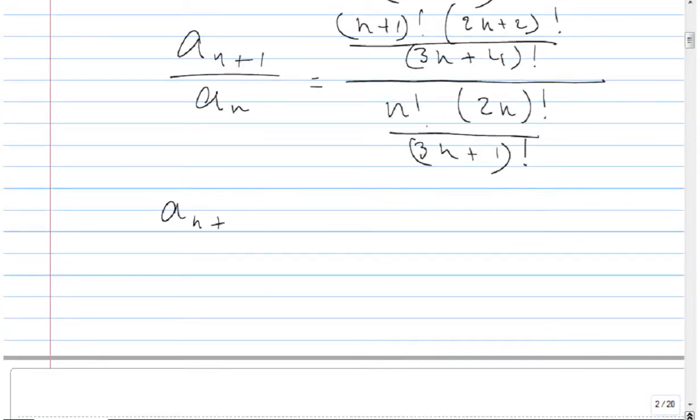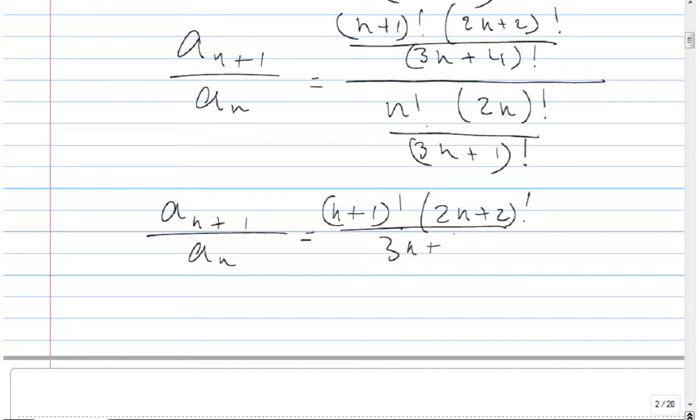So again, a_(n+1) divided by a_n equals the top fraction, (n plus 1) factorial times (2n plus 2) factorial over (3n plus 4) factorial, times the inverse of the bottom fraction, (3n plus 1) factorial over n factorial times (2n) factorial. So now we need to reorganize this. Imagine all these calculations are purely algebraic before you even get into the limits.